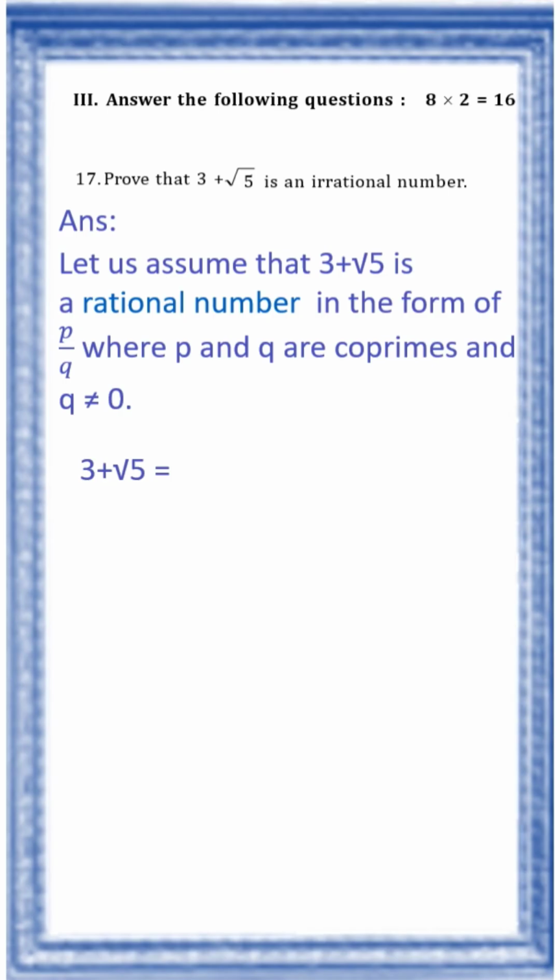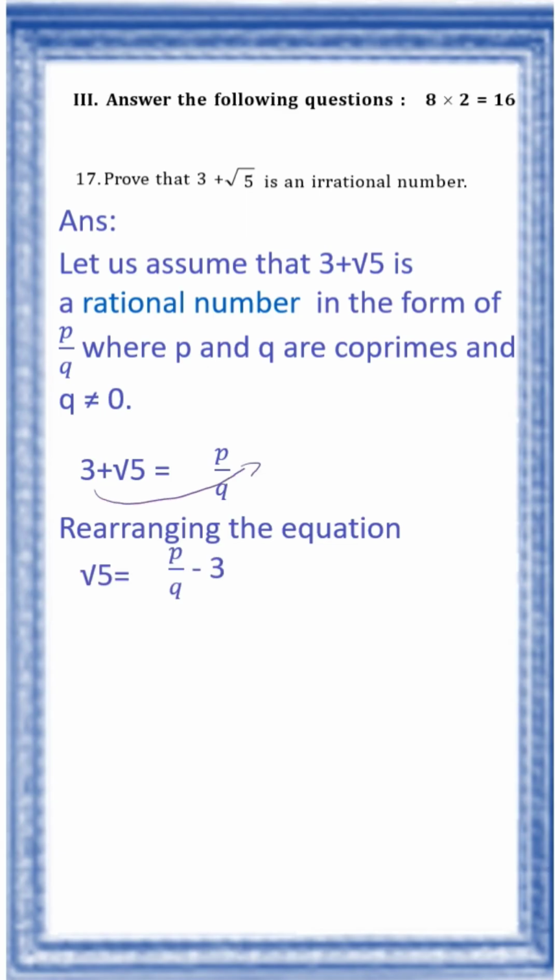So now we can write 3 plus root 5 is equal to p by q, where p and q are co-prime. Rearranging the equation, let us bring 3 to this side. So root 5 is equal to p by q minus 3. Now let us take LCM. q is the LCM.